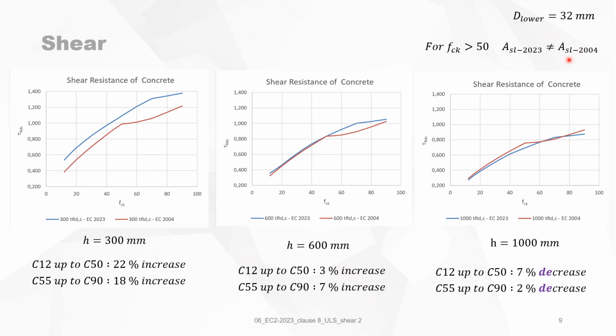This is logical in the sense that we calculate the resistance of the beam at optimum reinforcement. But on the other side, it's not that logical, because you compare two different things.